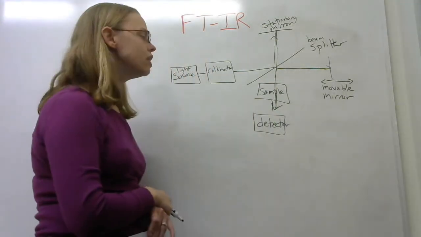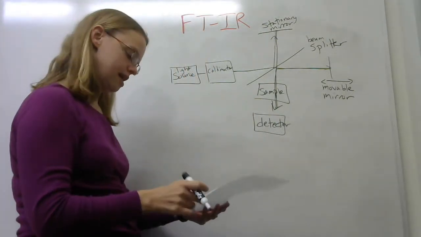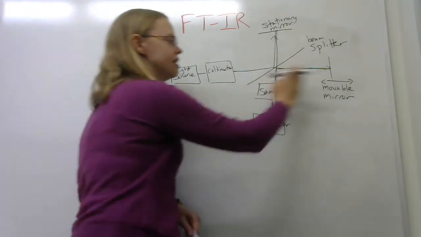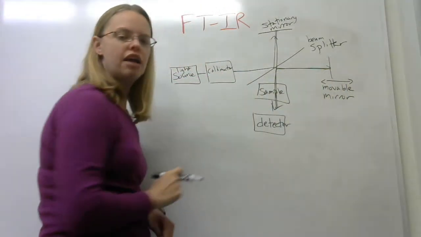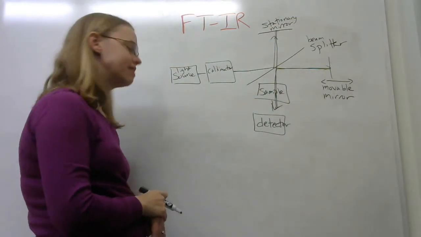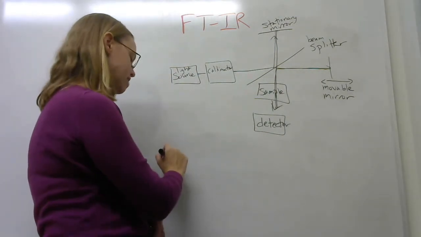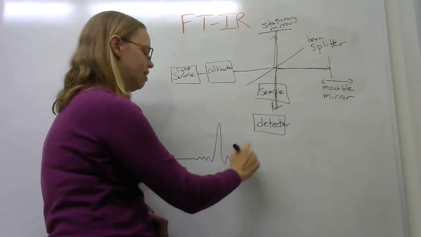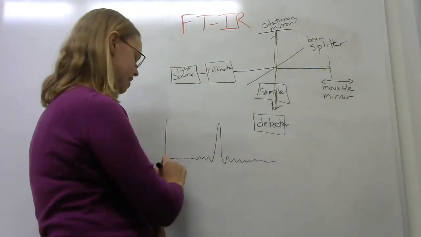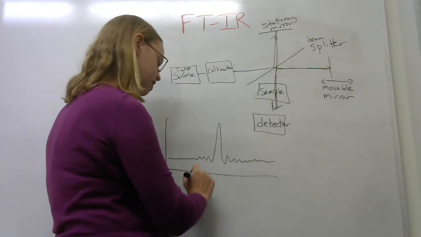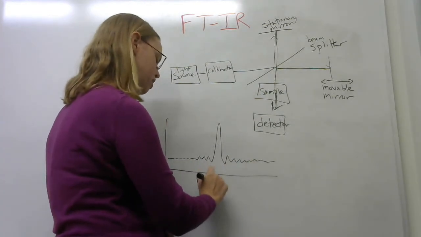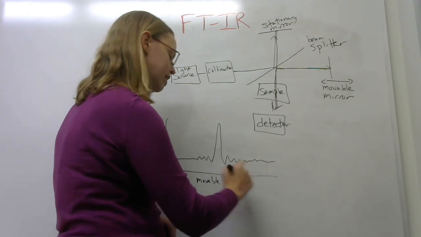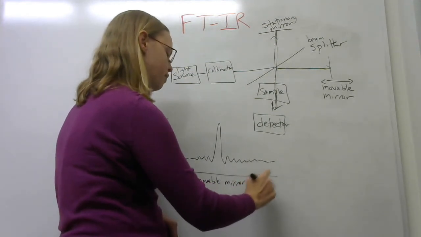Okay, so we're going to look at absorbance measurements here. And so what happens is that this mirror moves. And in light, there's something called constructive and destructive interference. And so you get out a signal that kind of looks like this, where the axis would be the movable mirror, like kind of distance. So where is it?